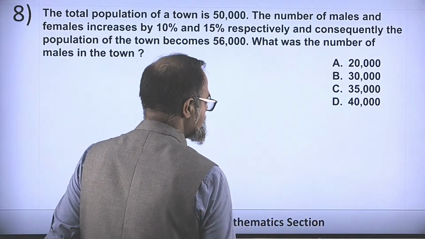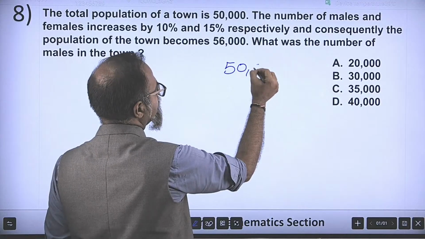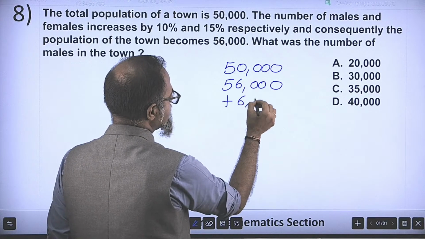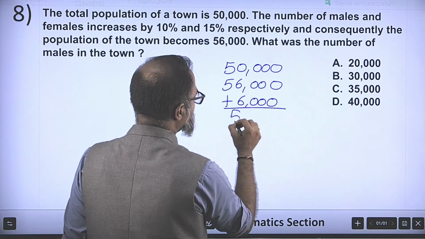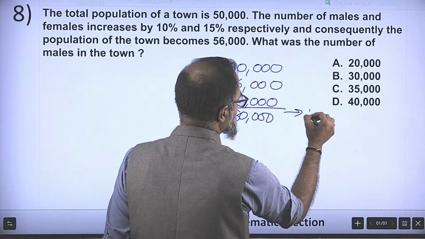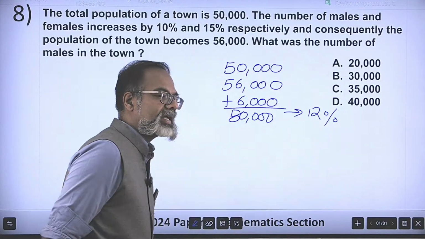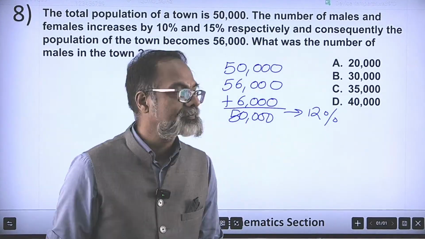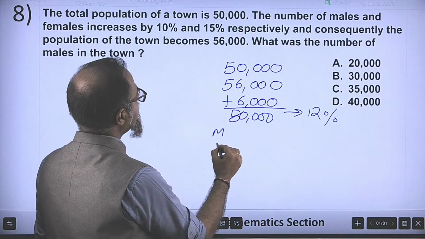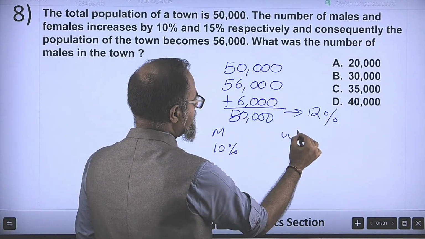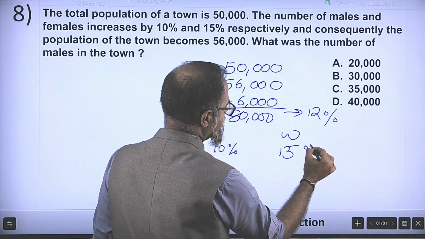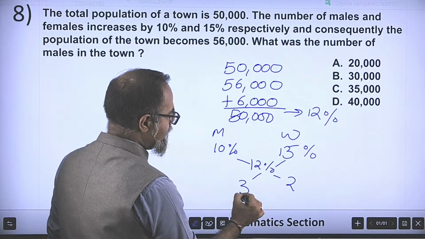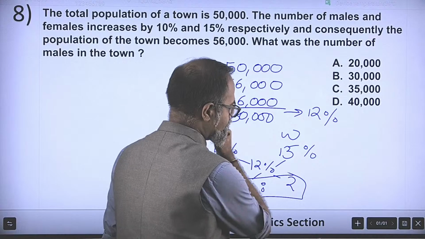My thought process. My original population was 50,000 and my new population was 56,000, which means there was an increase of 6,000 over a base of 50,000, which means there was a 12% increase, right? So men and women combined increased by 12%, but men alone increased by 10, women alone increased by 15, and the average was 12, then men and women have to be in the ratio of 3:2.